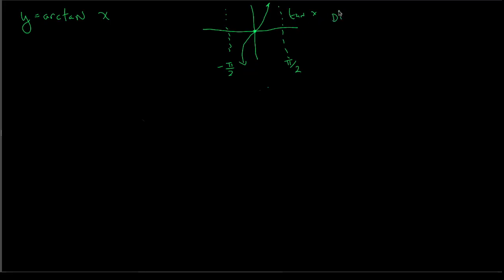So the domain of our tangent function is negative pi over 2 to pi over 2, and its range is negative infinity to positive infinity.